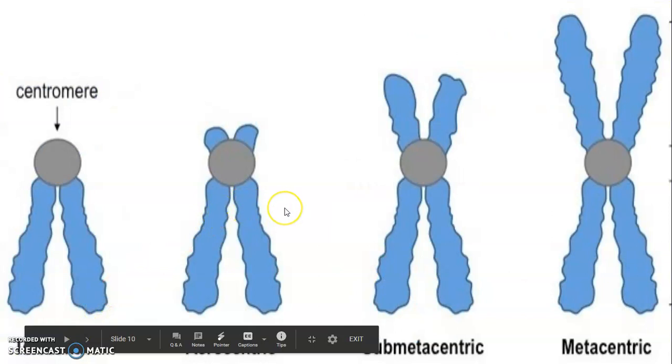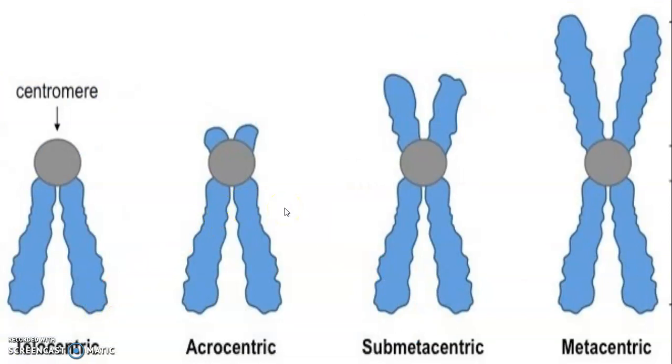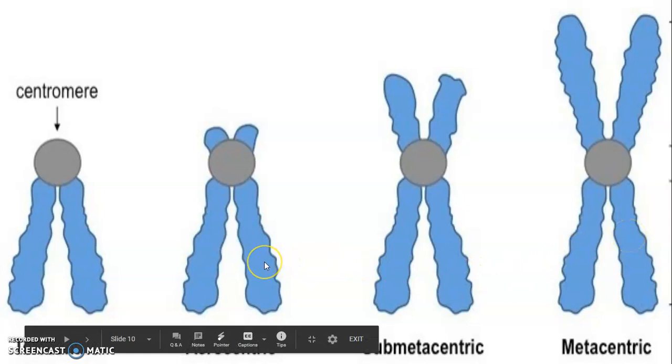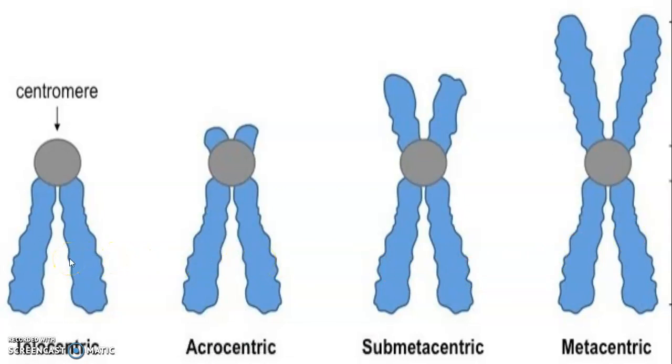Now, based on the position of the centromere, the chromosomes are classified mainly into 4 different types: metacentric, submetacentric, acrocentric, and telocentric. Now, the first one here is metacentric. In the case of a metacentric chromosome, the centromere is in the middle.